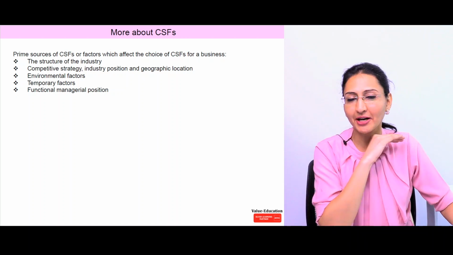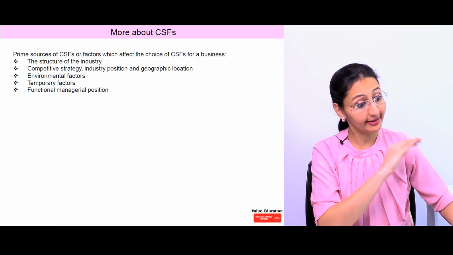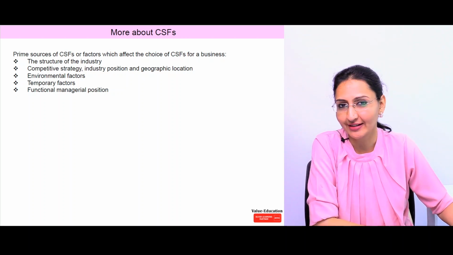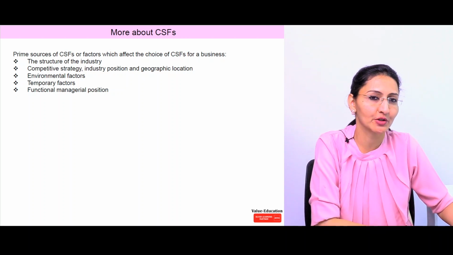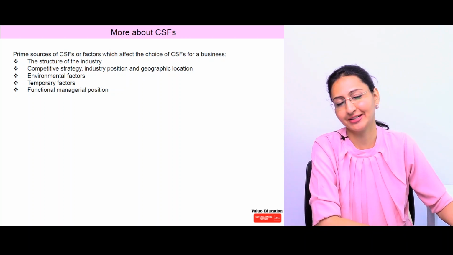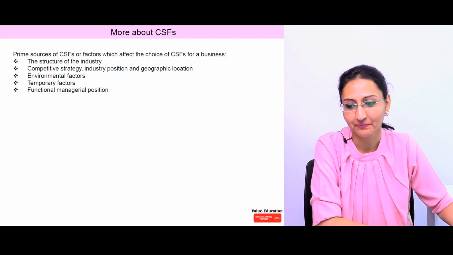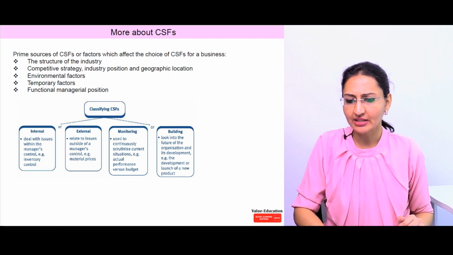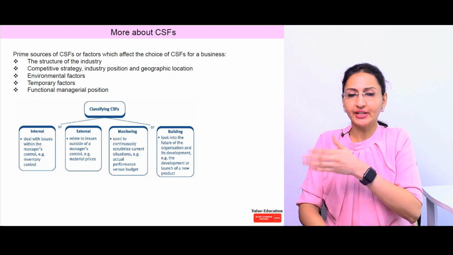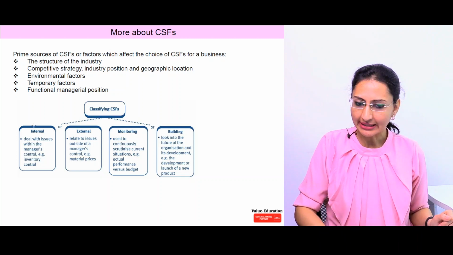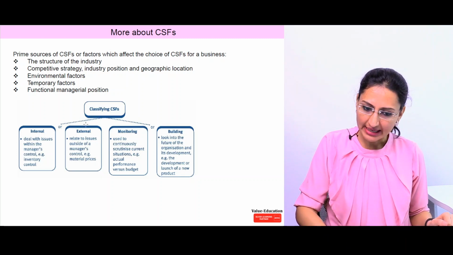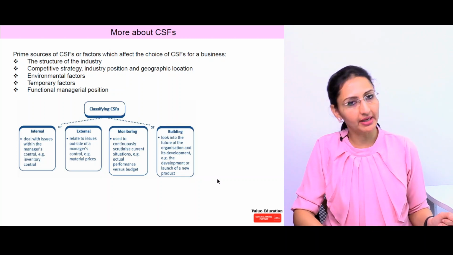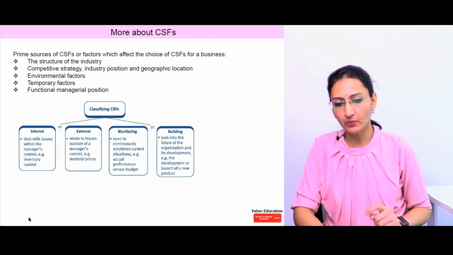For the finance department person, correct, up to date reporting is the critical success factor. That means your functional position also decides what your critical success factor is going to be. Right? Then we can classify the critical success factors into these four different categories. One, internal critical success factor, external critical success factor, monitoring and building. So let's just see them one by one.